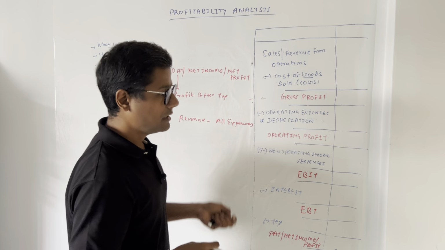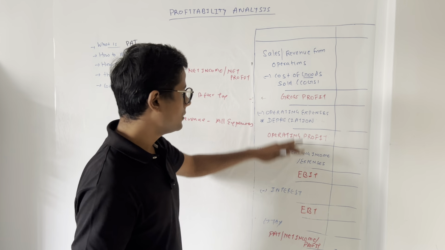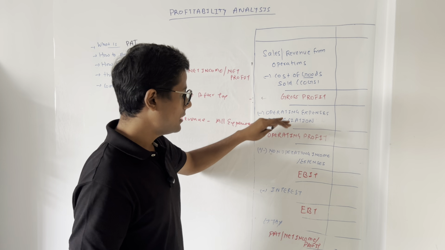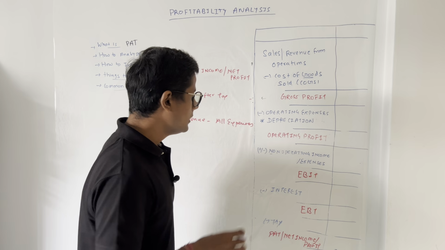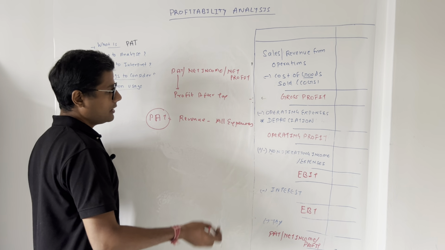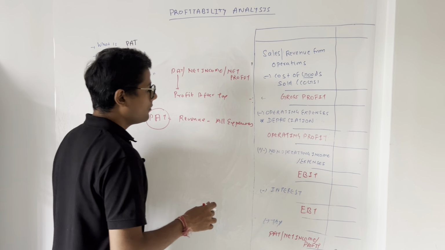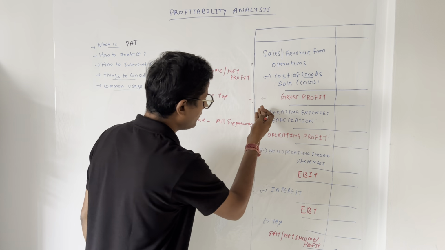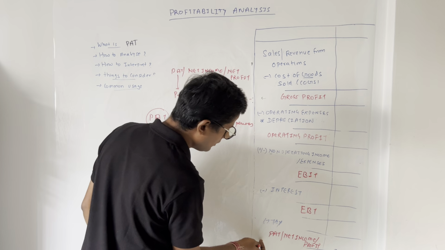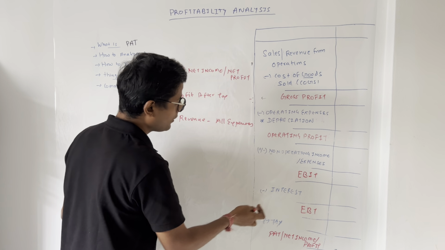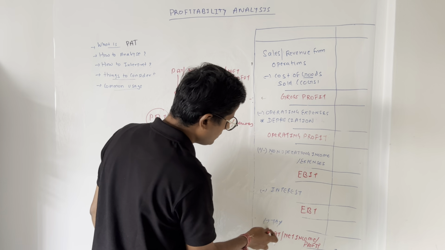If you are well aware of this profit and loss statement, and which profit term sits where and what is deducted at each level, then you should be able to understand where you are starting from, whether in a question or for any financial analysis purpose. Let's say you have gross profit and need to calculate PAT: you would know to deduct operating expense and non-operating expense or income, then minus interest and minus tax.